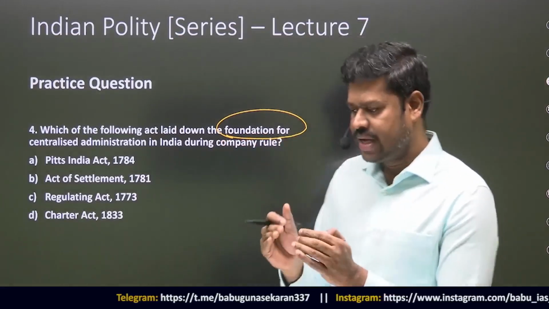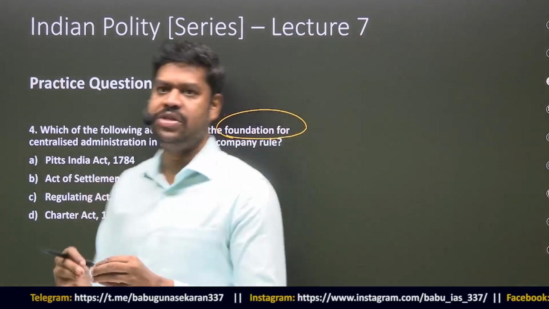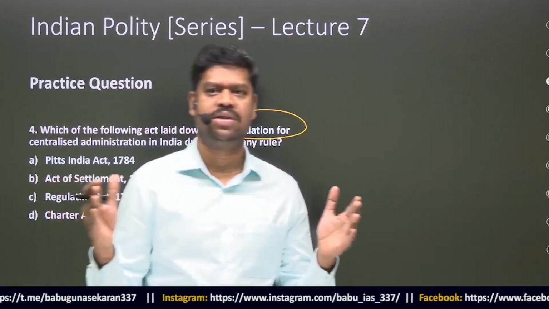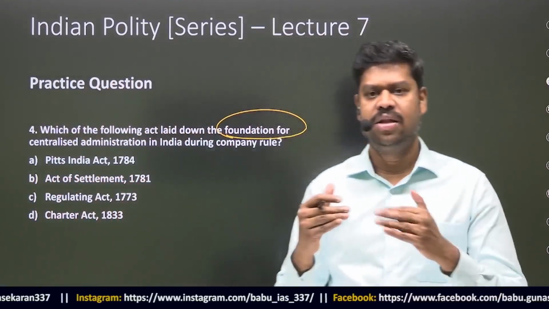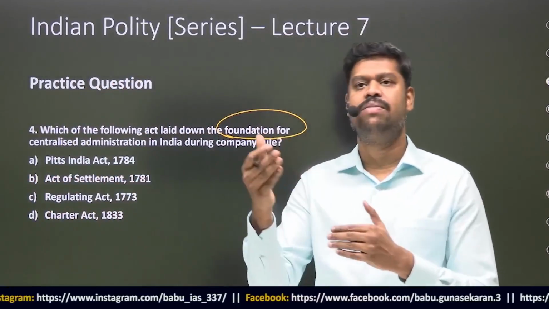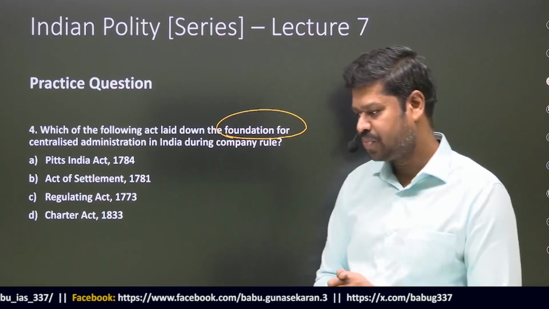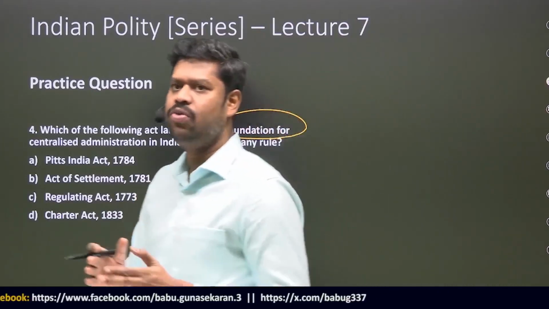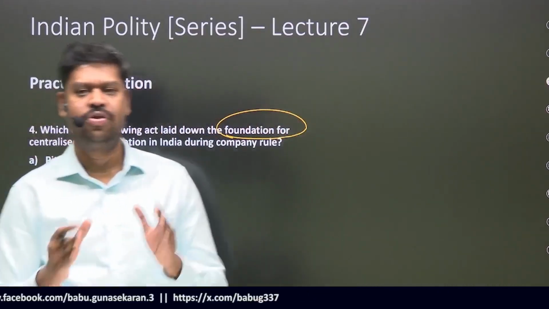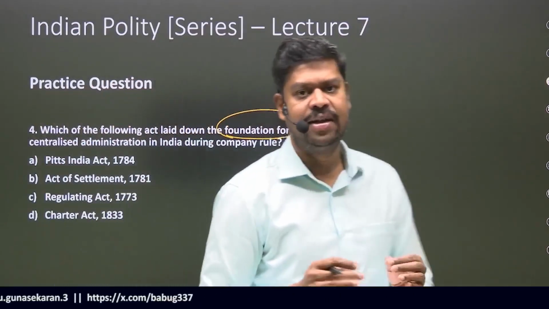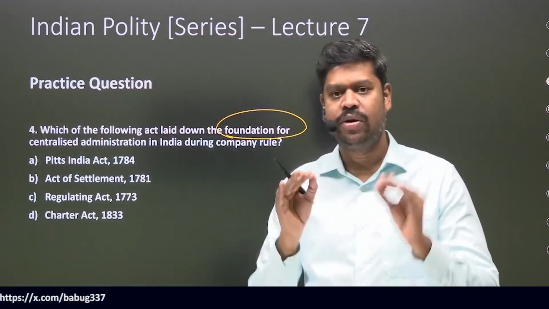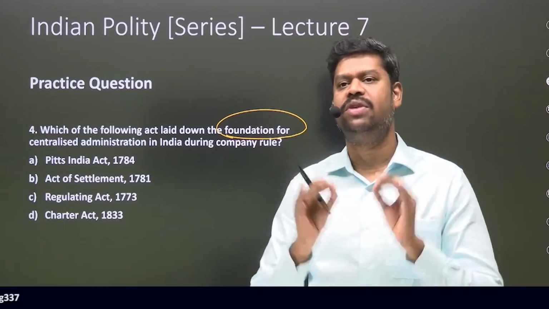So in this time, which act laid down the foundation? In fact, the entire period was the era of centralization. And then when the crown took up the administration, gradually they moved towards decentralization. So the company rule basically believed in the idea of centralization. And the centralization began with the Regulating Act of 1773.